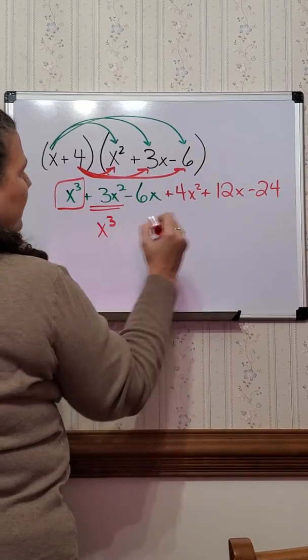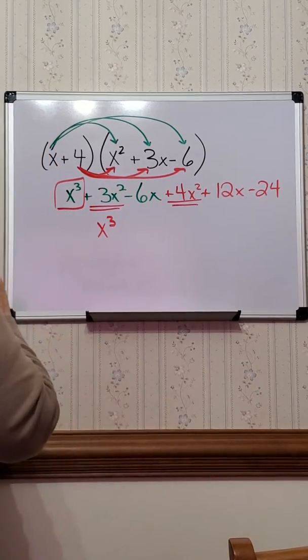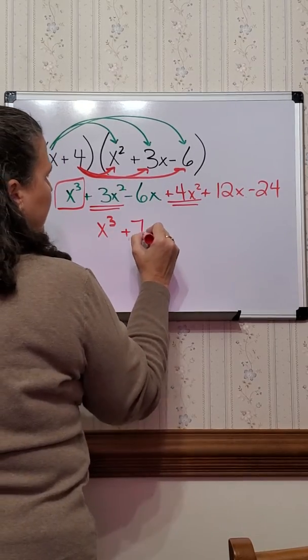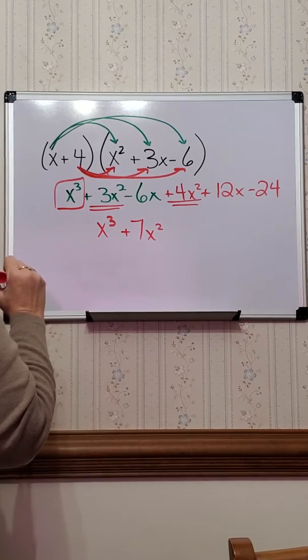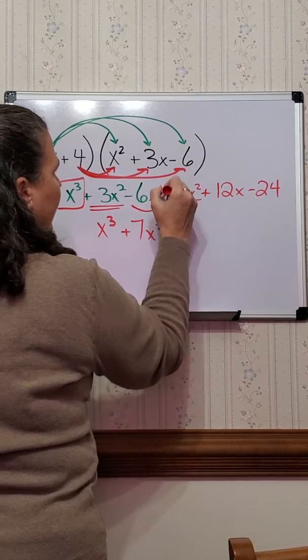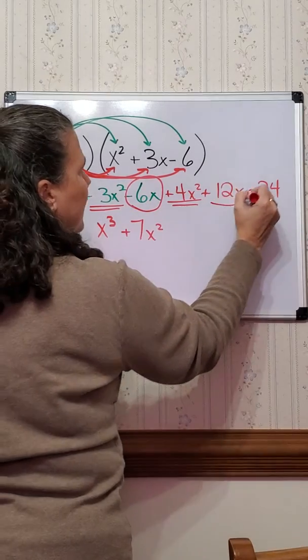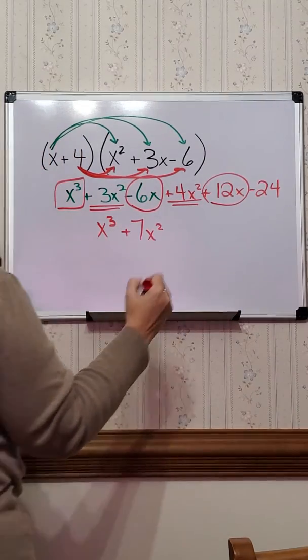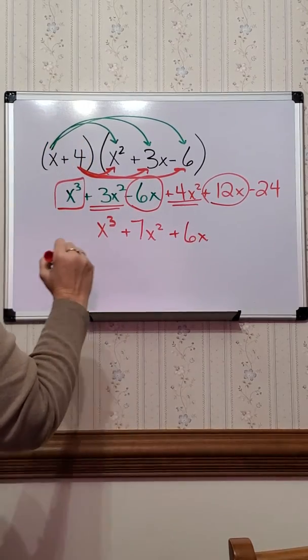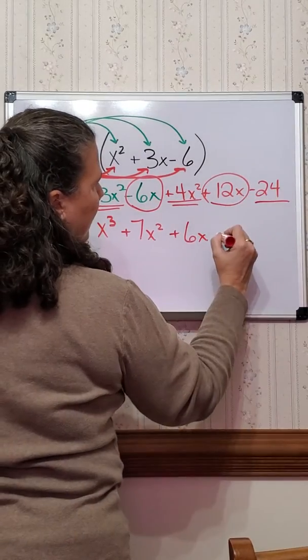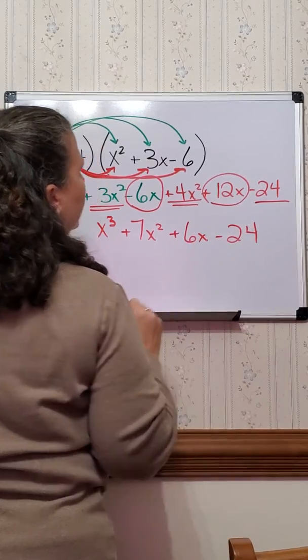So I got a 3x squared and a 4x squared, so that's going to give me 7x squared. Then I'm going to look at just the x. I've got a negative 6x and a positive 12x. That's going to give me a positive 6x. And then I have this 24 sitting here, so I'm going to bring that down.